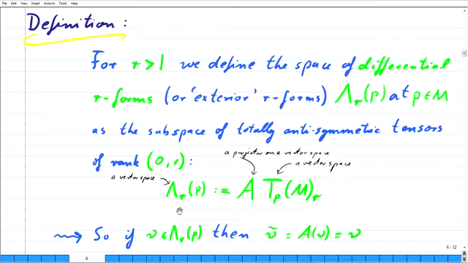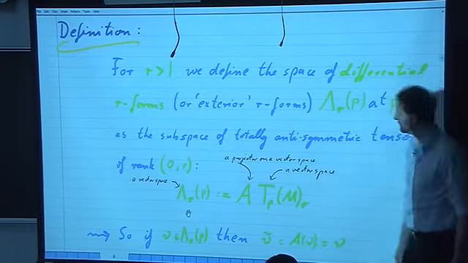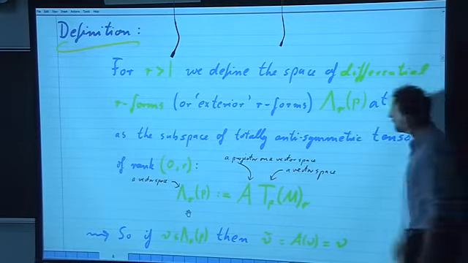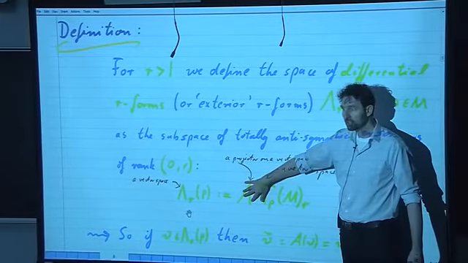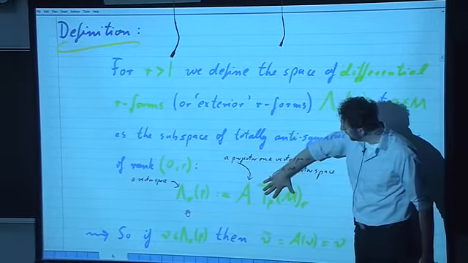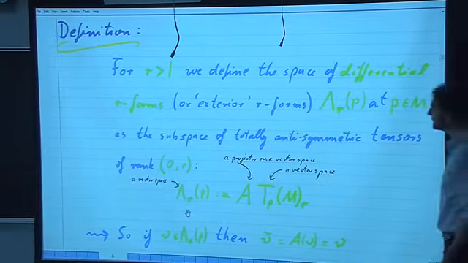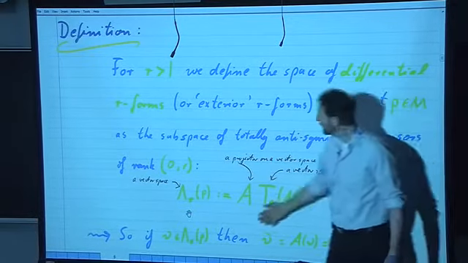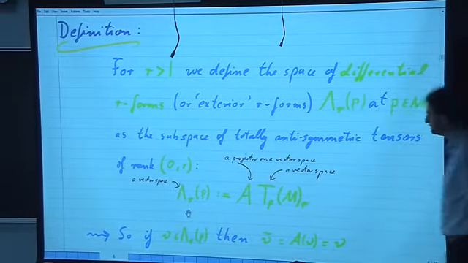So we obtain the space of r forms by antisymmetrizing all the 0r tensors. The space of r forms is the image under the antisymmetrization operation of the space of 0r tensors. You just go through all 0r tensors, antisymmetrize them, and you get this space. This has a much lower dimension than that space.